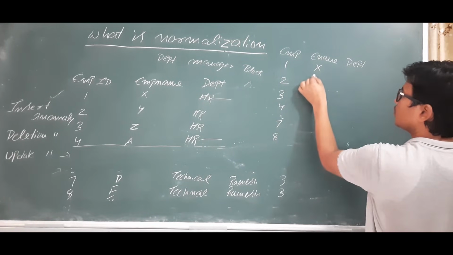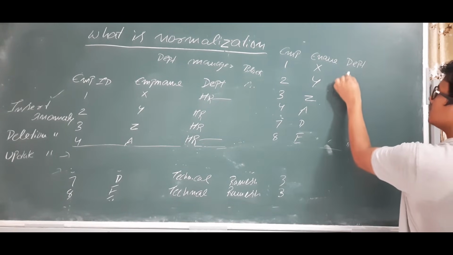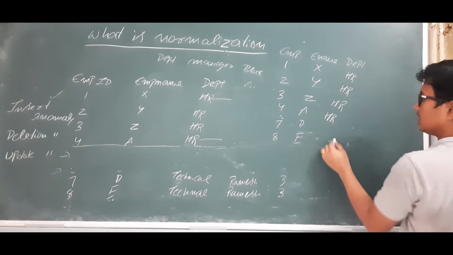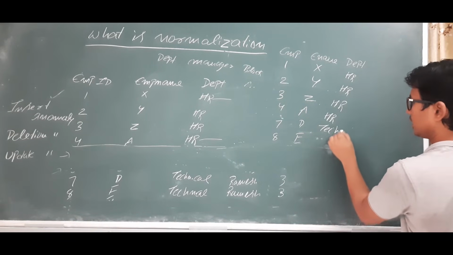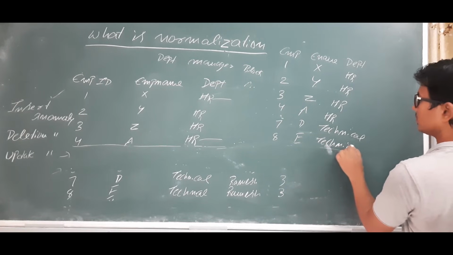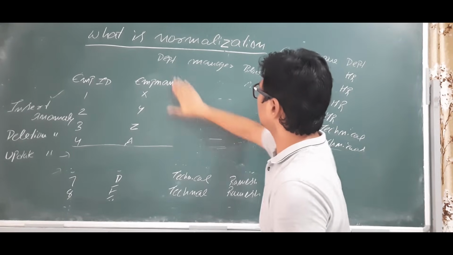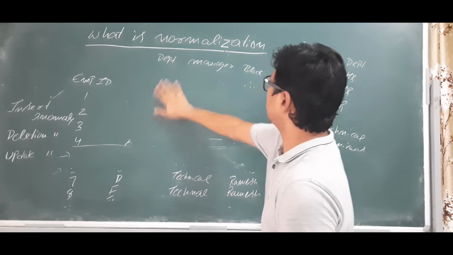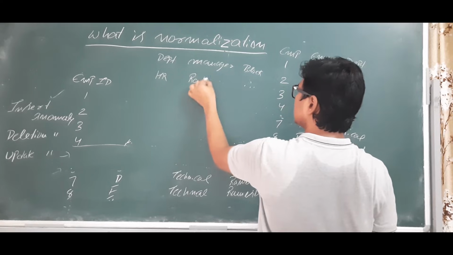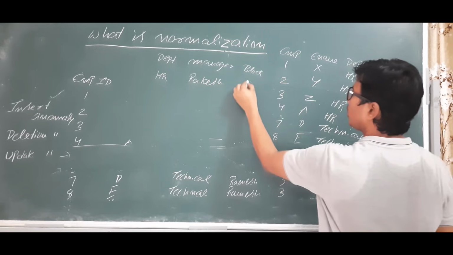Employee names are X, Y, Z, A, D, E, and the departments are HR, HR, and technical, technical. In the second table, the department is HR, manager is Rakesh, and the block number is 1.